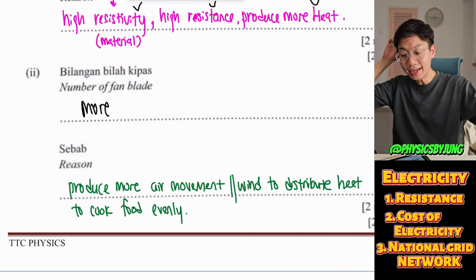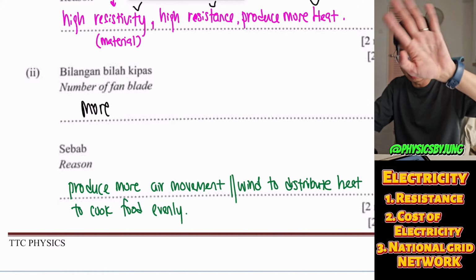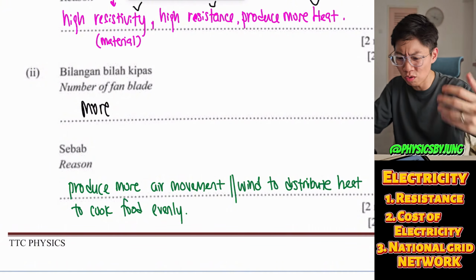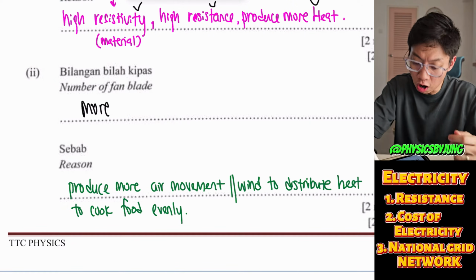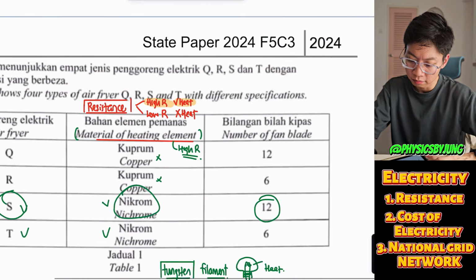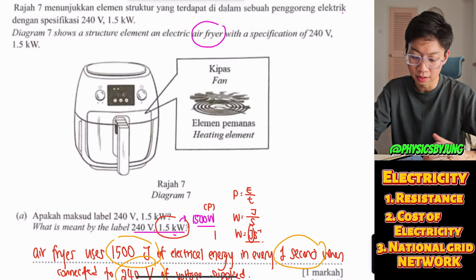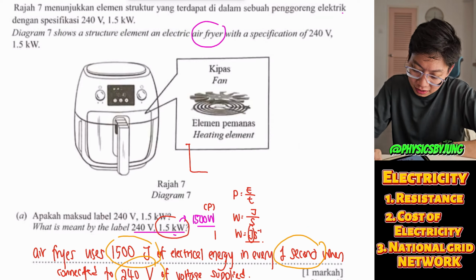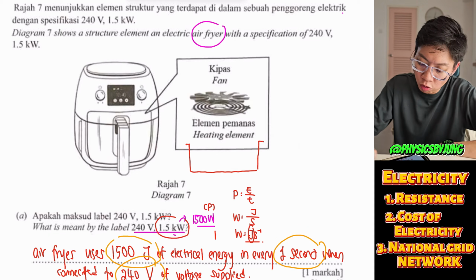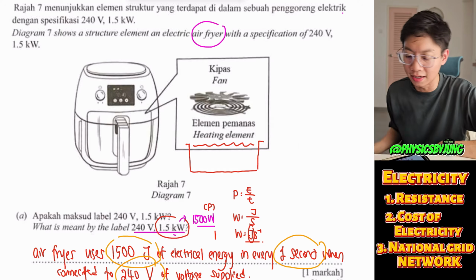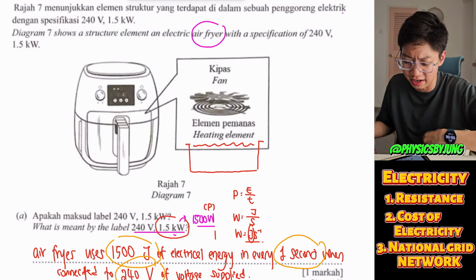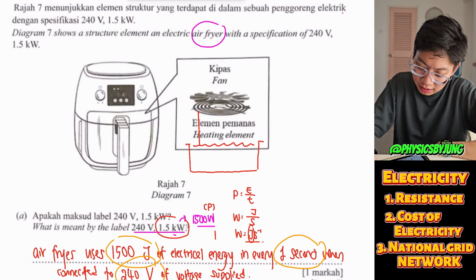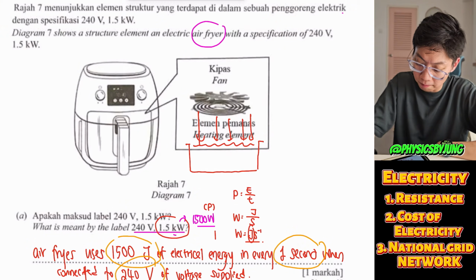Now why do we use this phrase, distribute heat to cook food evenly? Because if you look at your air fryer, imagine if I have a bowl, and let's say I'm trying to fry something, cake or whatever. You will see that the heating will only be done at the top, correct?